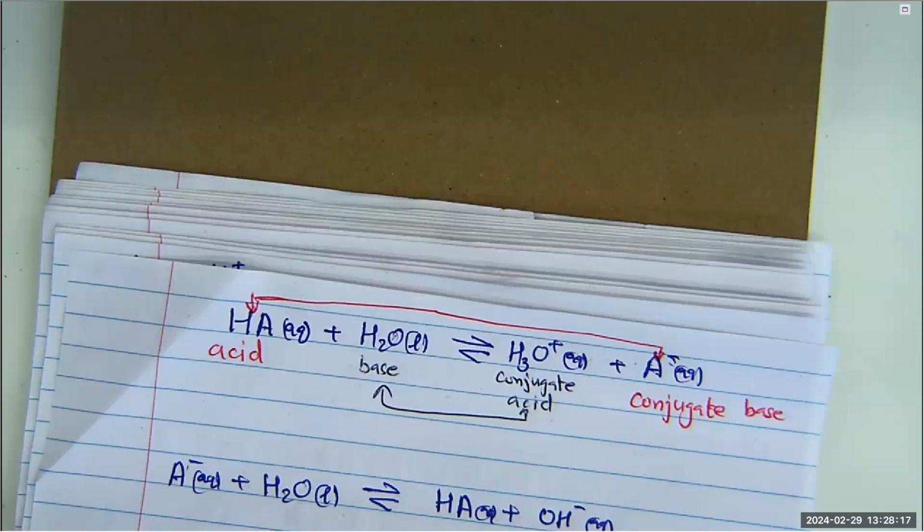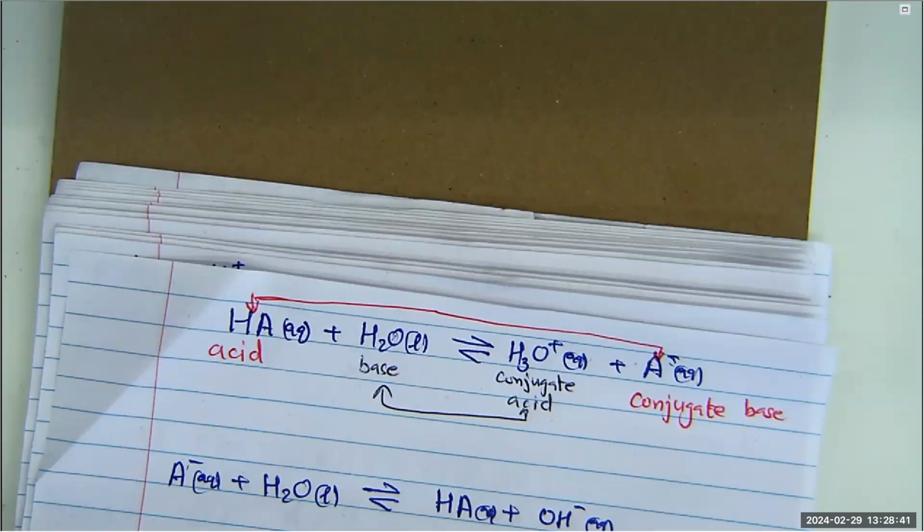It can't have a conjugate acid. No. Okay. So an acid has a conjugate base. A base has a conjugate acid. Okay. Yeah. Anything? Yeah, I hear you. Do you have a question, miss? No, not yet. Okay. Any other questions, concerns, comments about this?